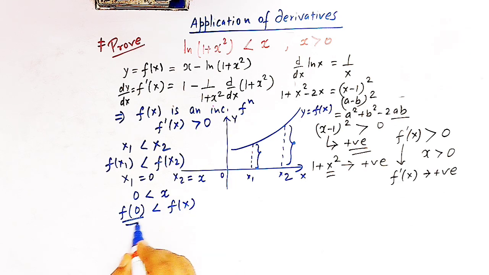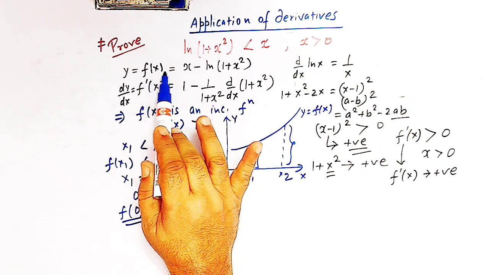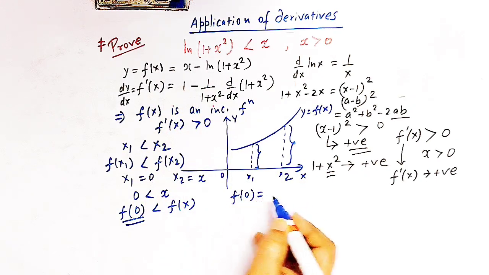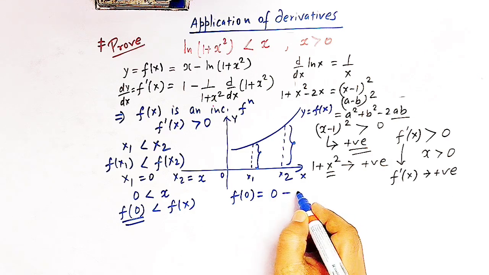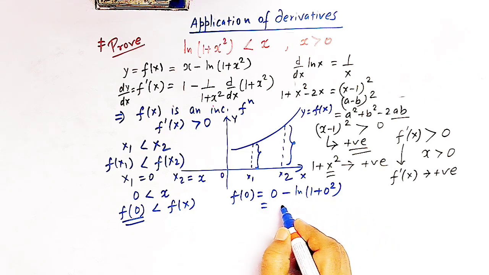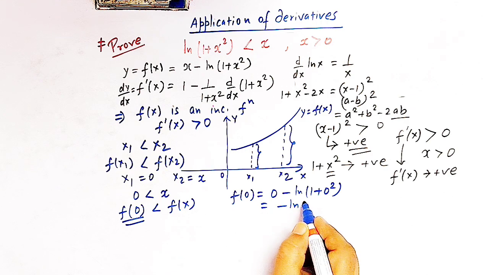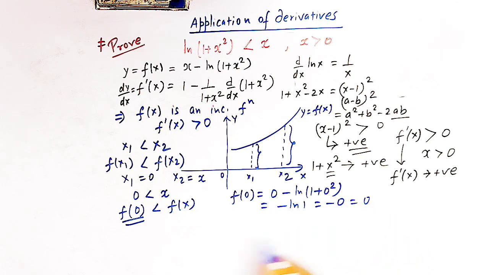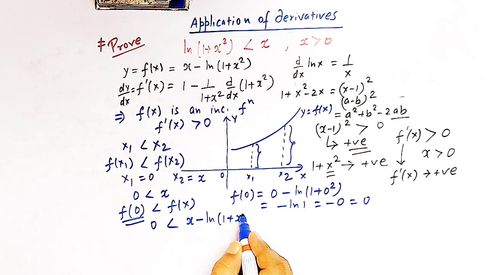Now f of 0 is equal to 0 minus log of 1 plus 0 square, that is minus log of 1, and log of 1 is 0, so f of 0 is 0. f of x is x minus log of 1 plus x square.